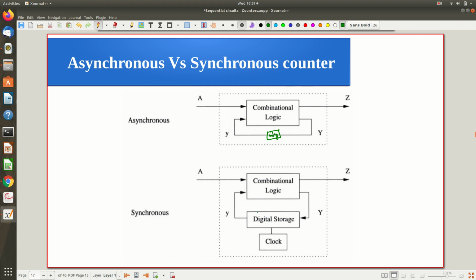Here it is mentioned, here it is not, but that is common. What about the storage device? The storage device is nothing but a sequence of flip-flops, and if those flip-flops are controlled by a common clock, we call it a synchronous counter. If there is no such common clock triggering, we call it an asynchronous counter.